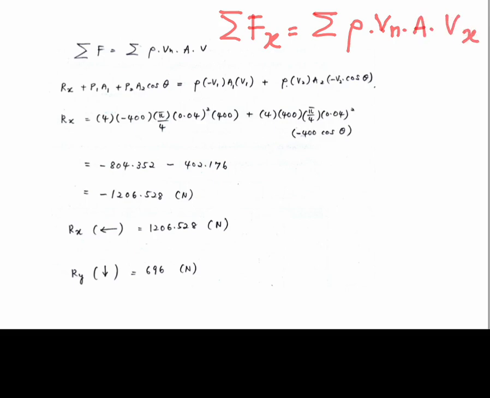So here you need to understand that this is the total force in x direction. So rho Vn A. Vn here is the velocity according to the n vector, but Vx here is the velocity according to x direction. So we go for the force first here.